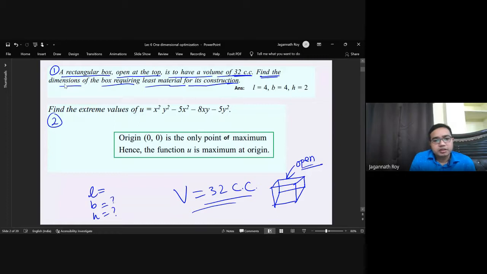What should be the dimensions? We have to design it. Now we know that volume is the product of these three things: length, breadth and height. So what should be the combination to make it 32?